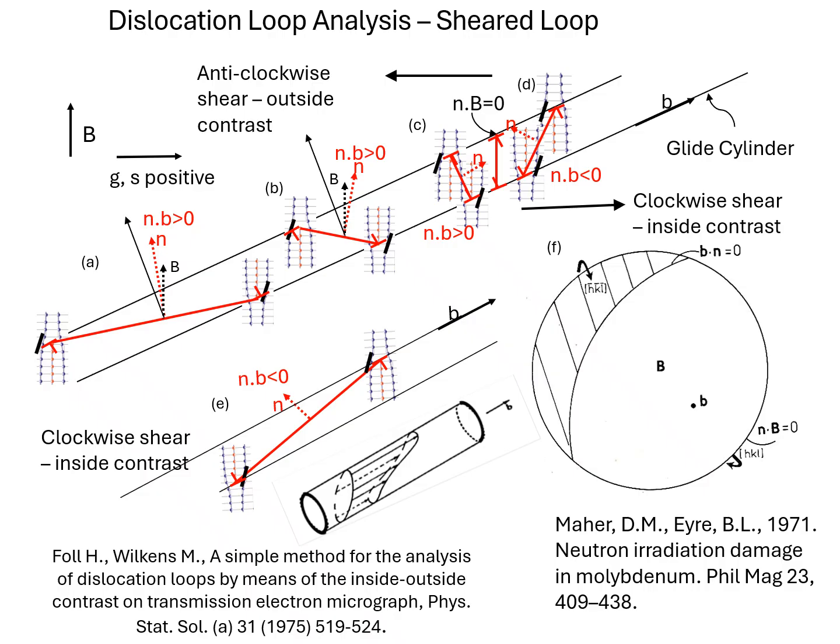Whether you show inside contrast as in this case or outside contrast as in this case for the same type of loop very much depends on the sense of the tilt of the loop. So you have to know what this sense is.